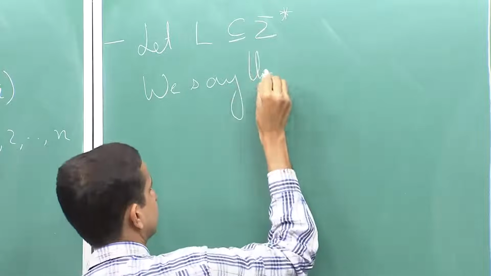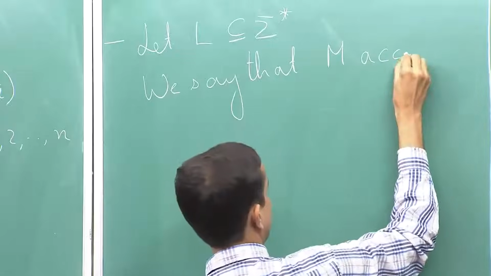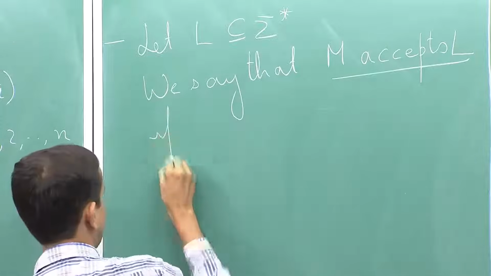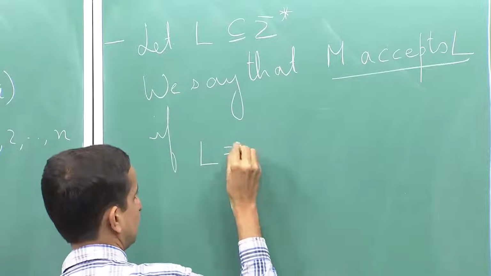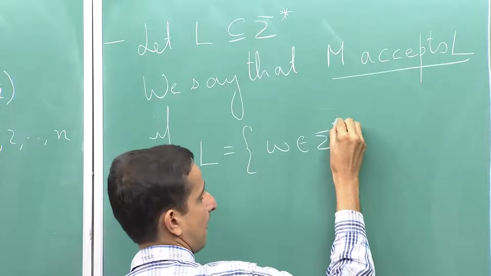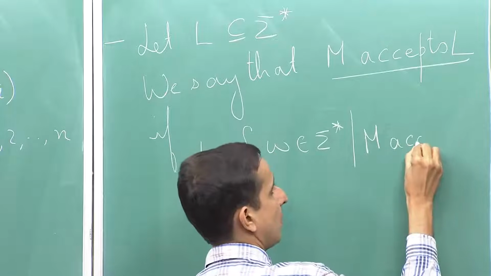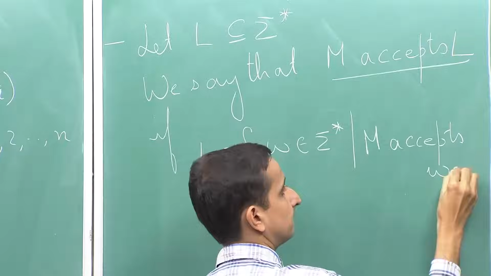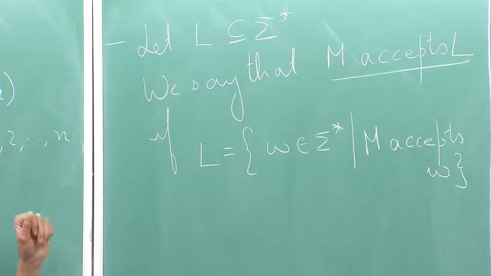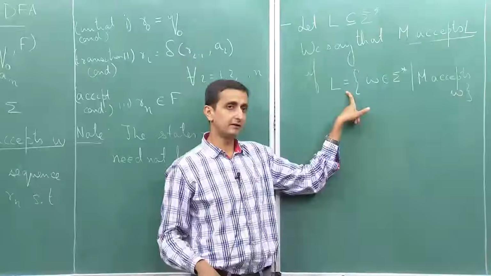We say that M accepts L if L equals the set of all strings W such that M accepts W. And once again, I should emphasize here that this equal sign is very important.